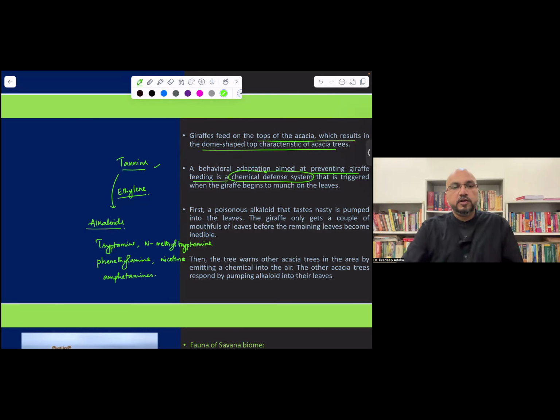So a mix of alkaloids is produced which will make the plant very bitter, so that the herbivores will not eat further.